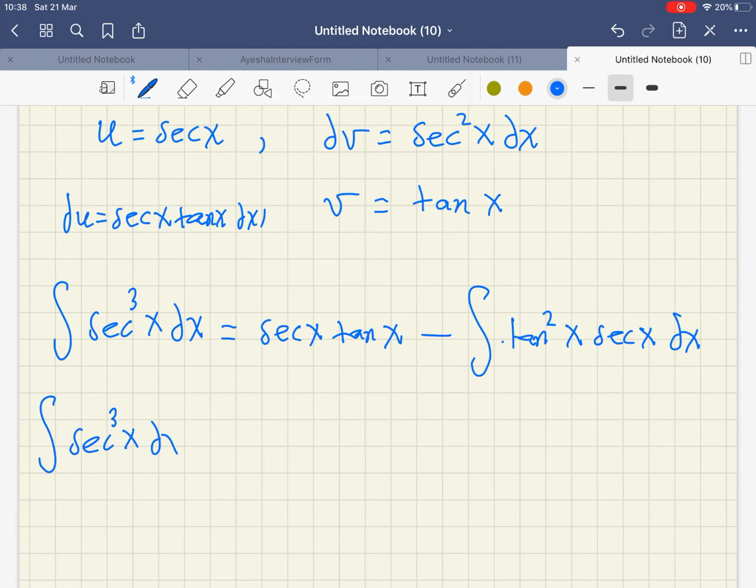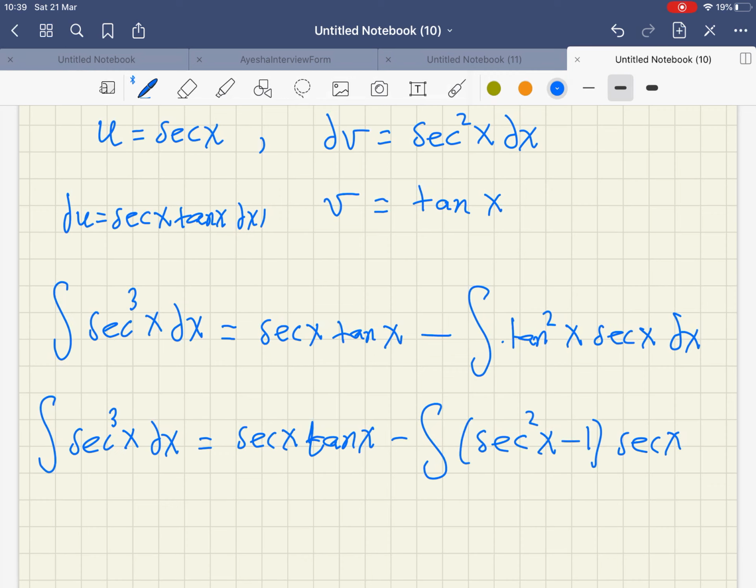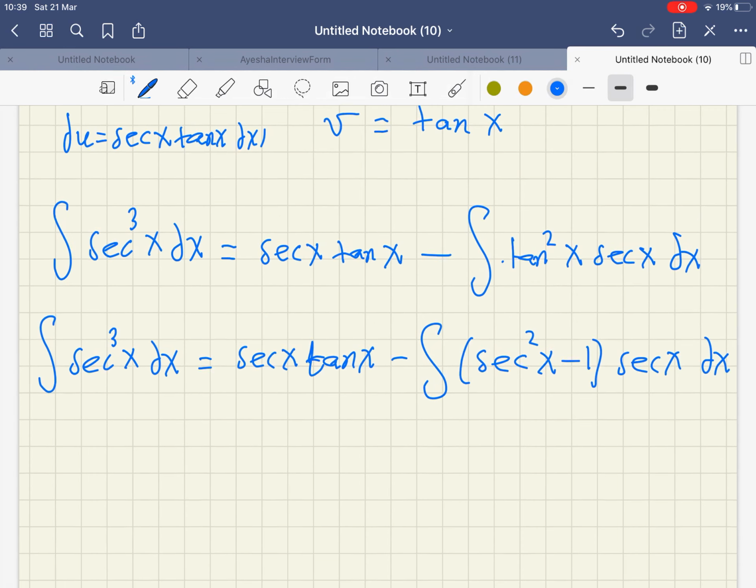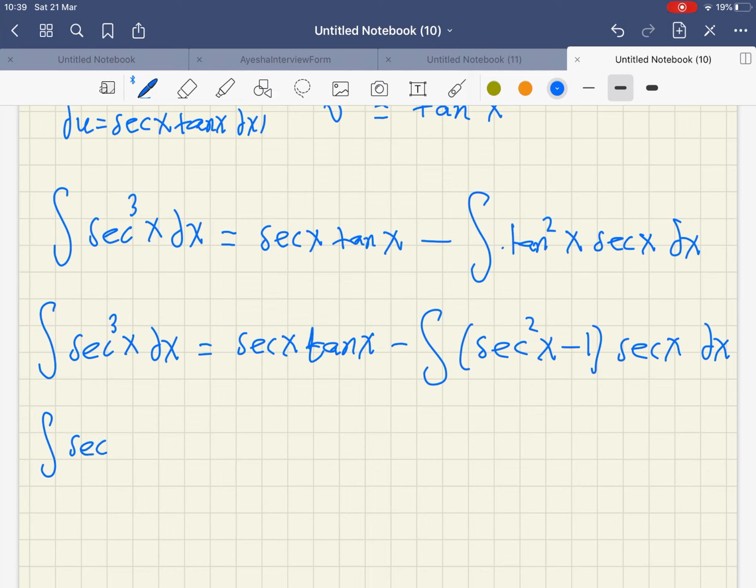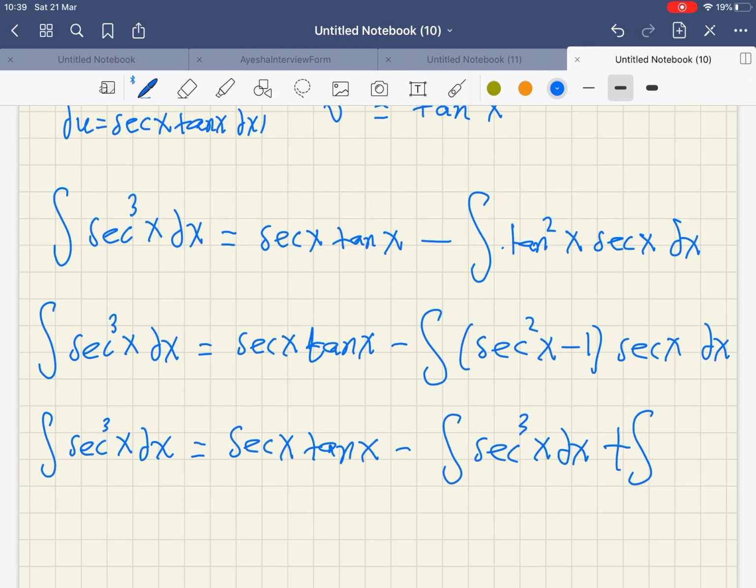Now, if we have tan squared, we make it secant squared x minus 1, times secant x dx, which gives secant x tan x minus the integral of secant cube x dx plus the integral of secant x dx.